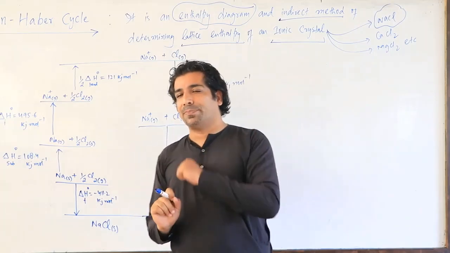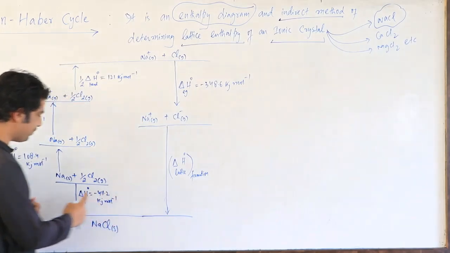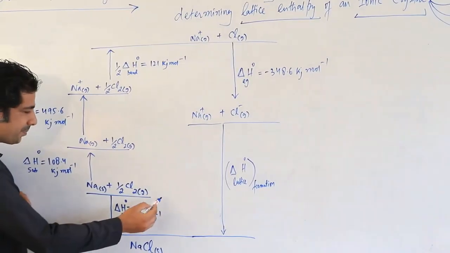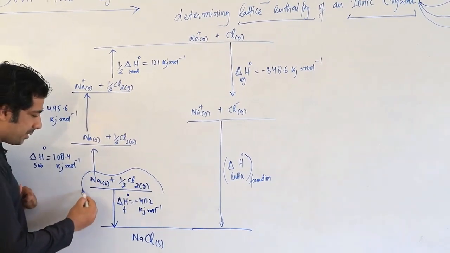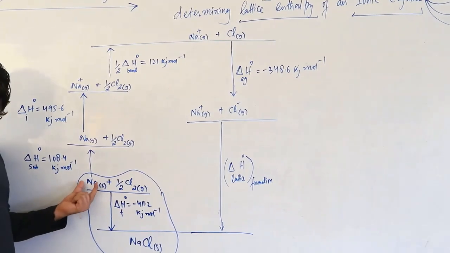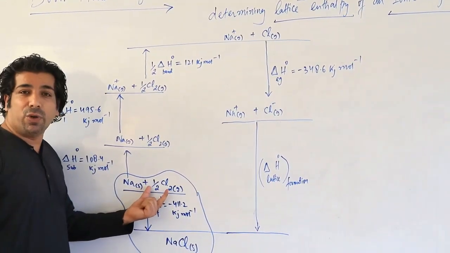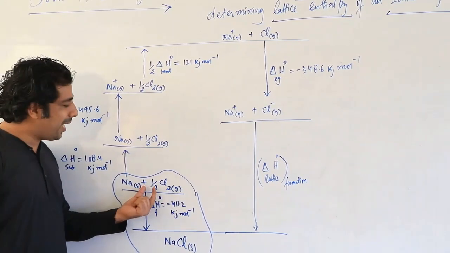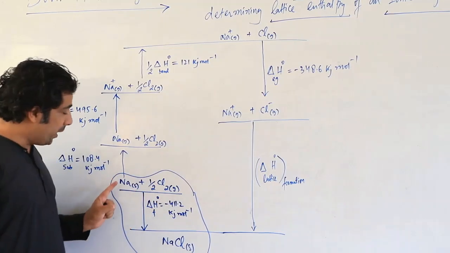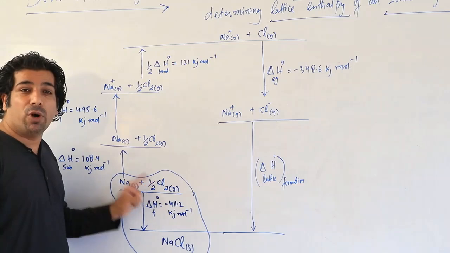Yes? Have a look. First of all, if you look here, my dear friends, try to focus here. You will find in this particular case, we are taking sodium solid and half of a chlorine molecule. That is a half mole of chlorine molecules in actual terms. So 1 mole of sodium solid and half a mole of chlorine molecules.